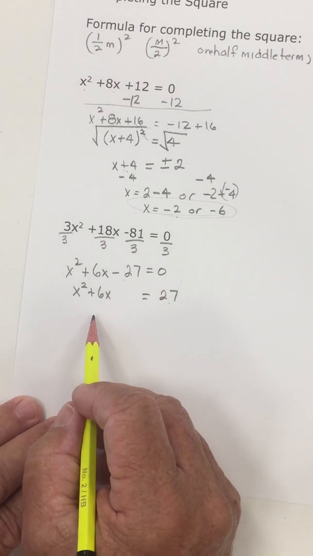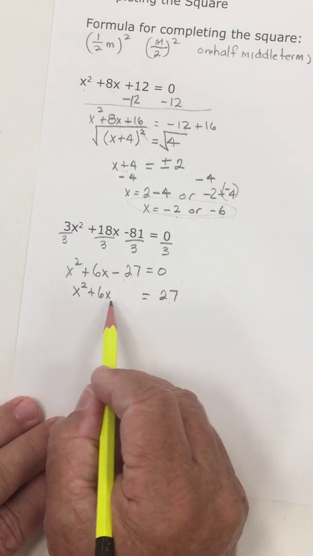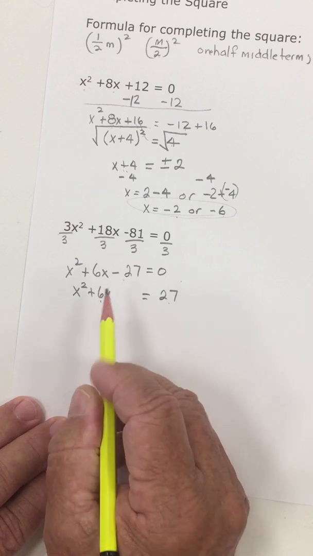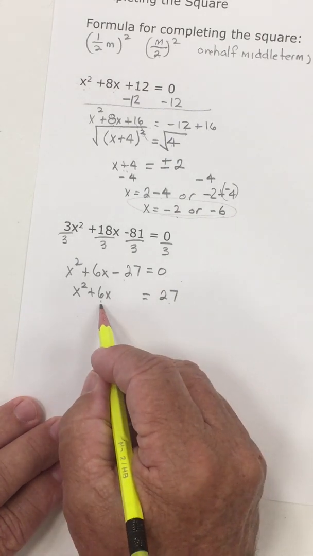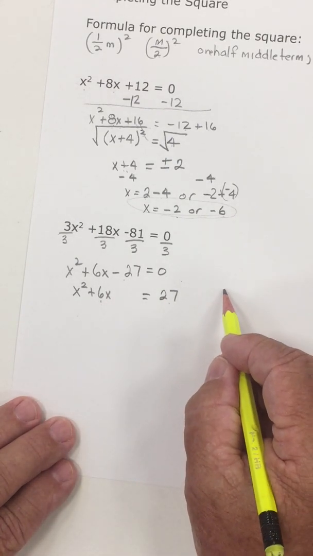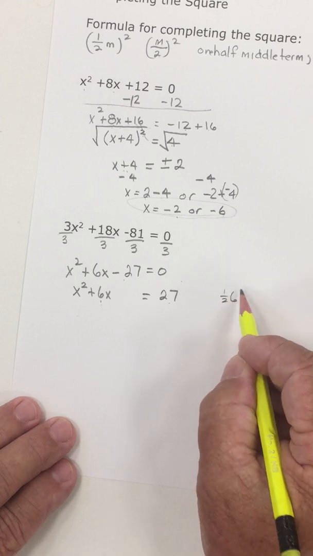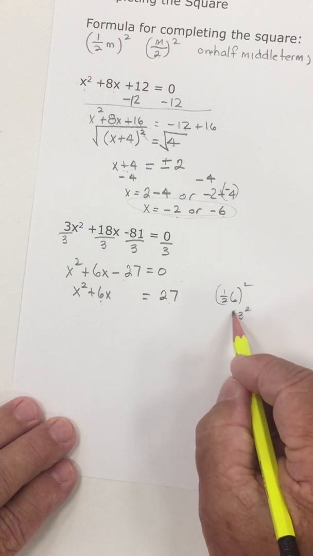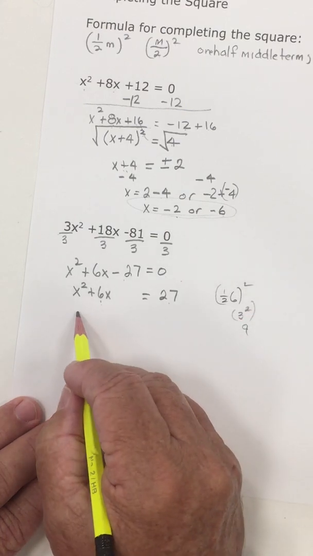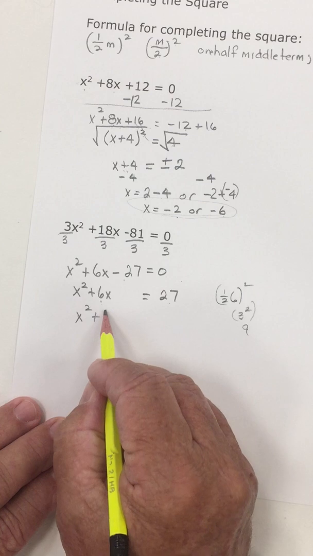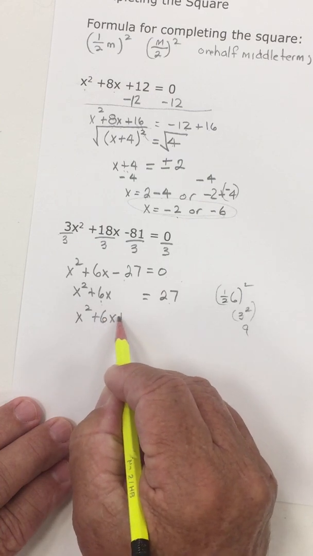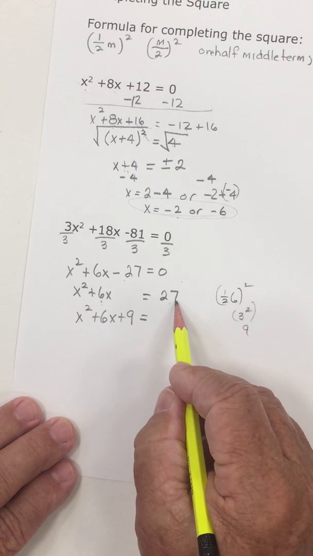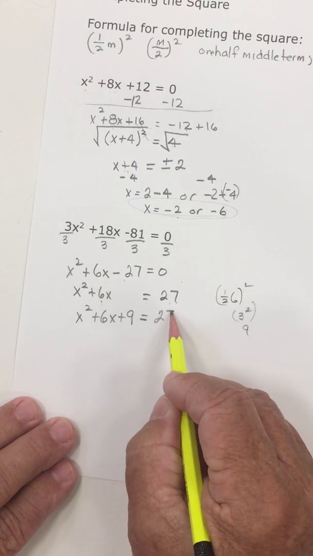Now we're going to take half of this and square it. I'm going to do it over here. So 1/2 of 6 squared is 3 squared, which is 9. So x squared plus 6x plus 9 equals 27 plus 9, because we have to add 9 to this side as well.